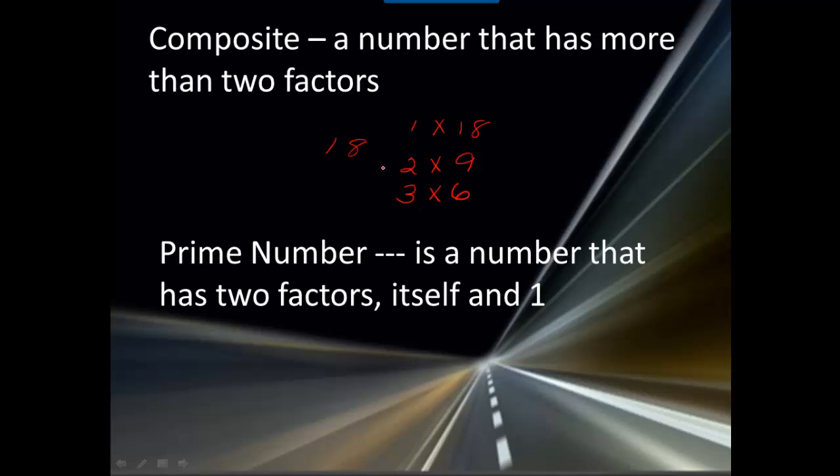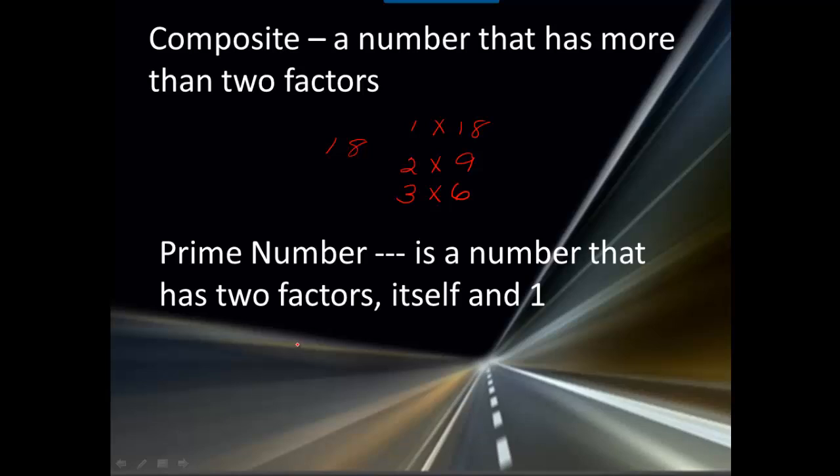These are the factors for 18. How many are there? More than 2? 1, 2, 3, 4, 5, 6. There are 6 factors.